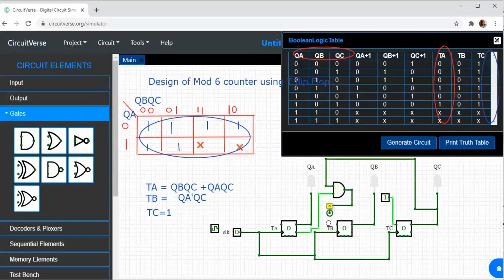You can even simplify the circuit and draw it. So TB is equal to QB into QA bar. So I have QA bar into QC. Now what is TA? TA is equal to QB into QC. For TA, 2 AND gates I require and one OR gate also I require.